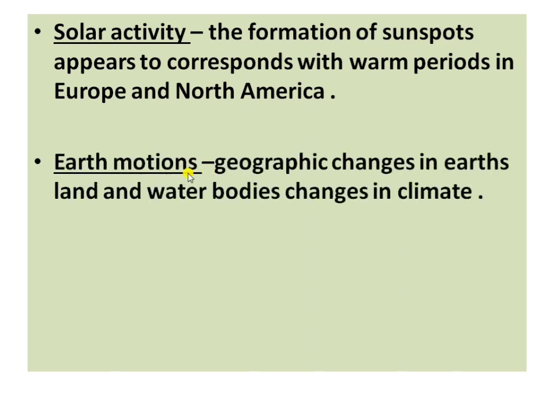Next is earth motion. Geographical changes in earth, land and water bodies change the climate. Here, changes in the shape of the earth's orbit and the tilt of the earth on its axis are other earth motions that affect our global climate.